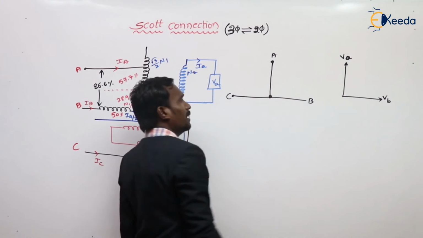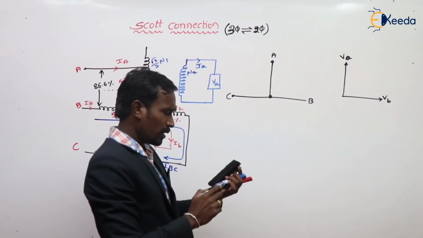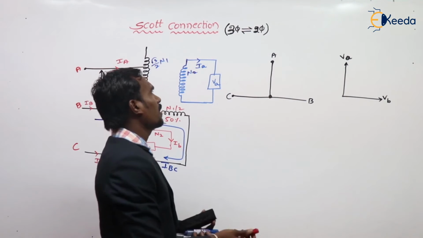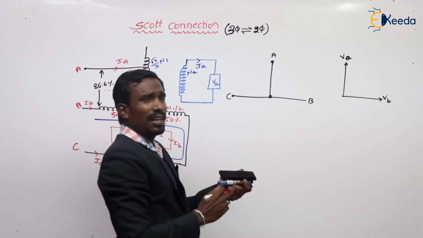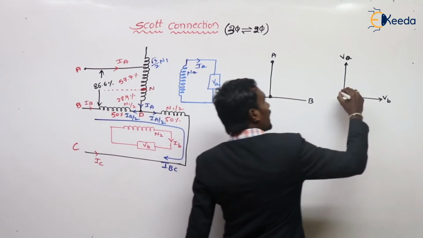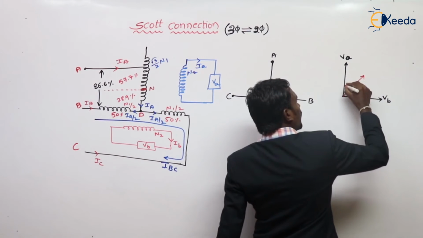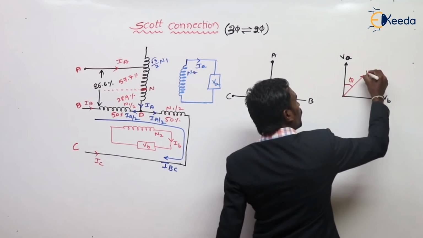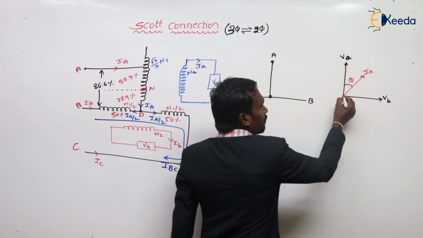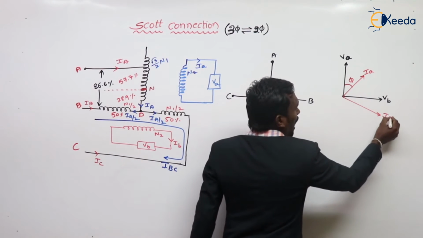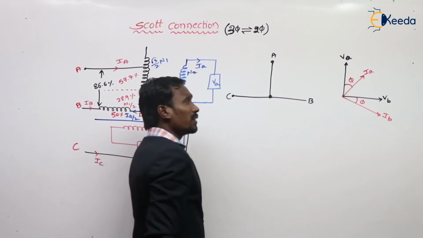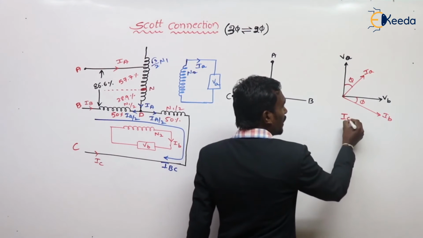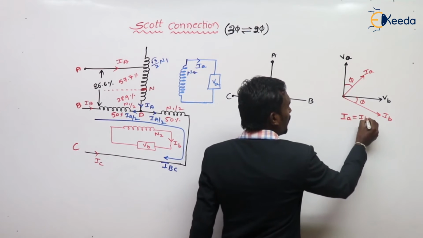For example, the load current IA is lagging VA by an angle phi. This is balanced load, that's why IB is also lagging by phi, and IA is exactly equal to IB.